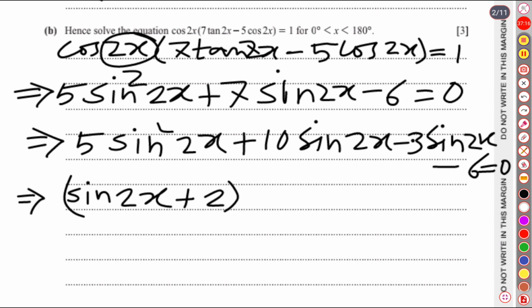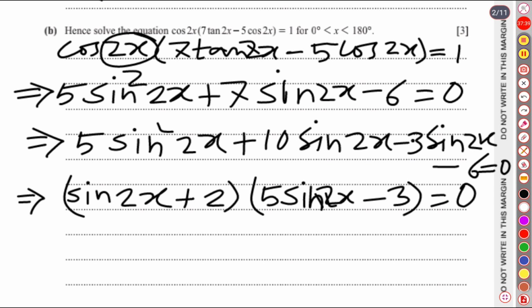From the next pair, 3 can be taken as common, so it is going to be 5 sine 2x minus 3 equal to 0.